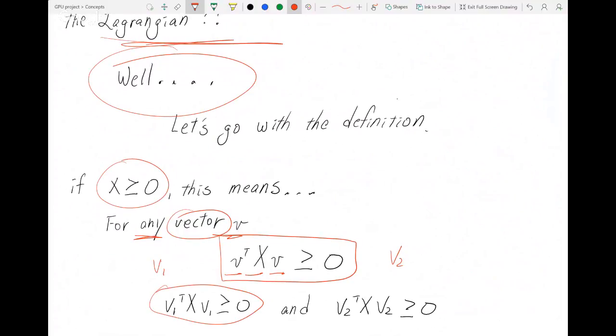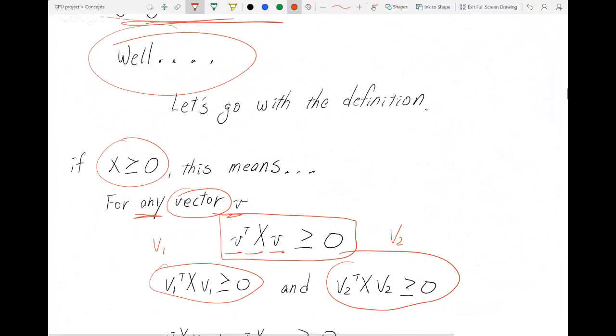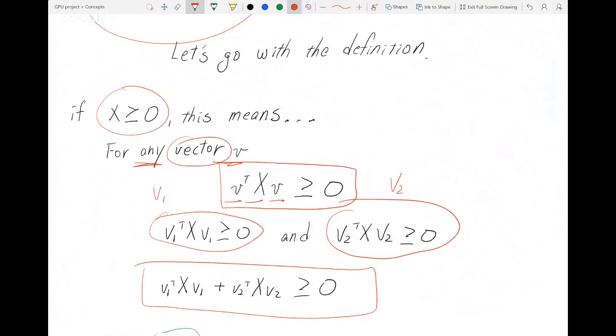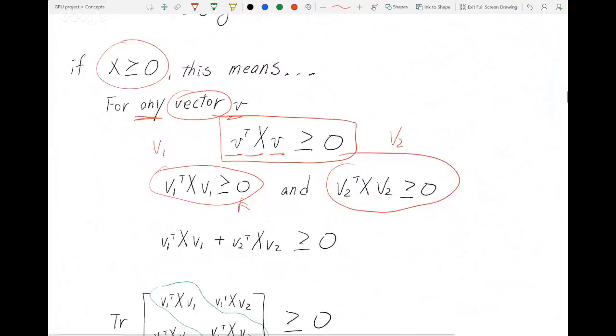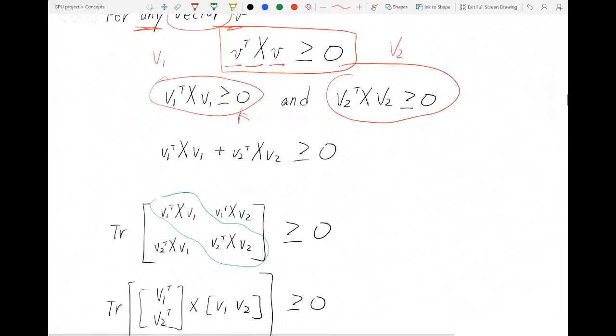Let's pick another one, v2, then v2 transpose X v2 must also be greater than or equal to 0. If individually they are greater than 0, adding them together should definitely be greater than 0. This expression can be written this way. Now, when we do the trace, notice we only sum the diagonal. So if we sum these two, it's the same as that expression over there.